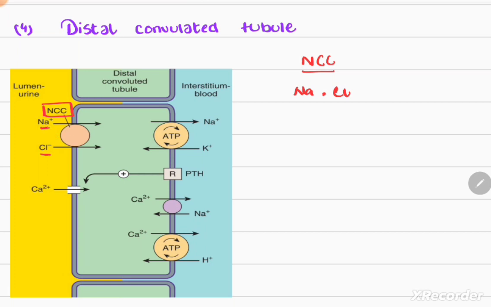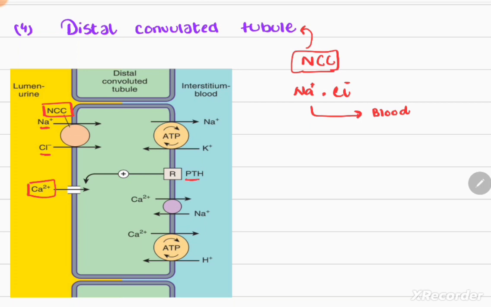So in normally functioning kidneys, the sodium and chloride are reabsorbed into the blood with the aid of this channel in the distal convoluted tubule. There is also reabsorption of calcium in the distal convoluted tubule by the effect of parathyroid hormone.